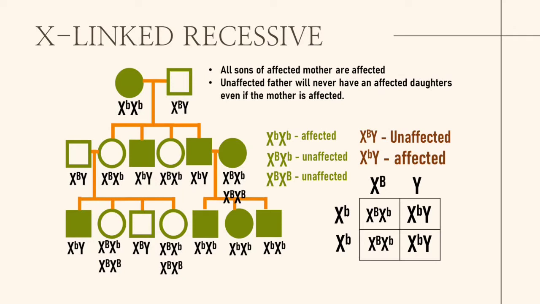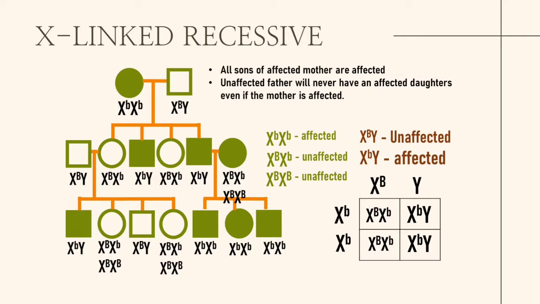So, we have here daughter number 1 is unaffected. Son number 1 is affected. Daughter number 2 is unaffected and son number 2 is affected.